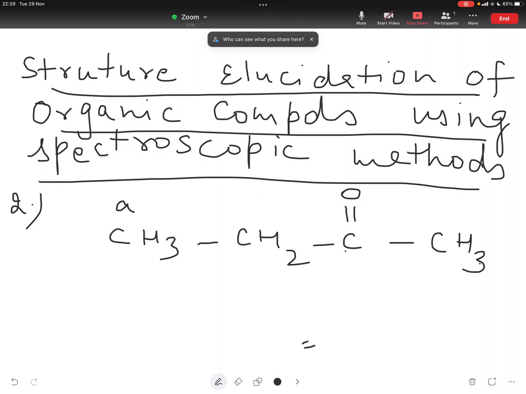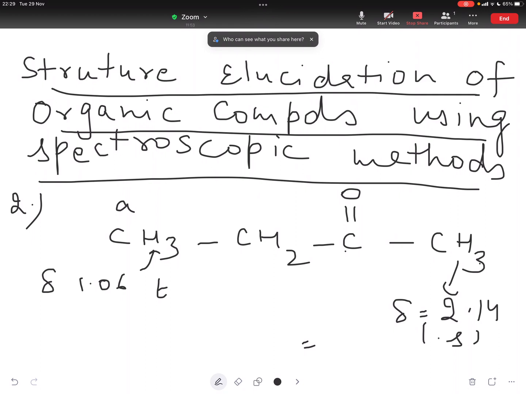Now, at delta 1.06 we get a triplet. This is due to these three protons. Then we get a singlet due to three protons at delta 2.14.